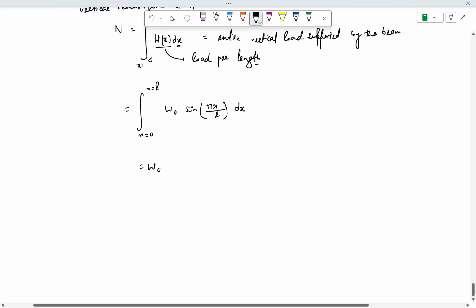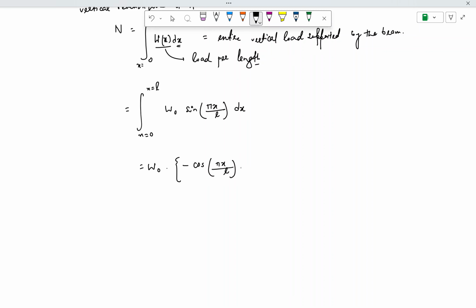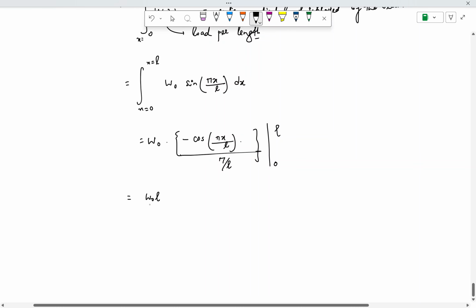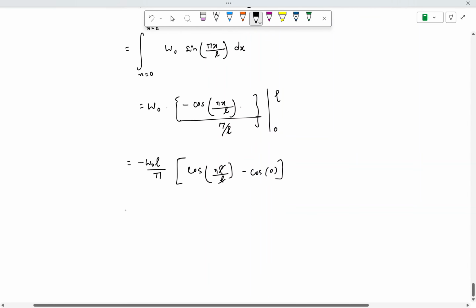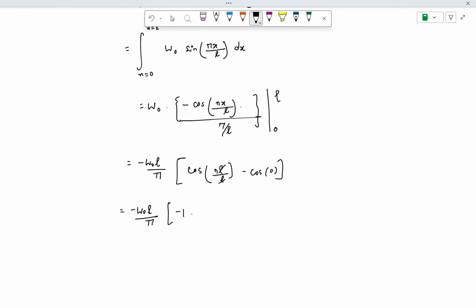Now W naught is a constant, so it comes outside, and sine, when you integrate it, gives you minus cos pi x by L, and because this is pi x by L, there is also a divided by pi by L factor. And this is taken from x equal to 0 to L. So this is W naught L by pi with a minus sign, and then you plug in cos of pi L by L, which is cos pi, minus cos of 0. Then cos pi is minus 1 and cos 0 is 1, so minus and minus makes it plus.